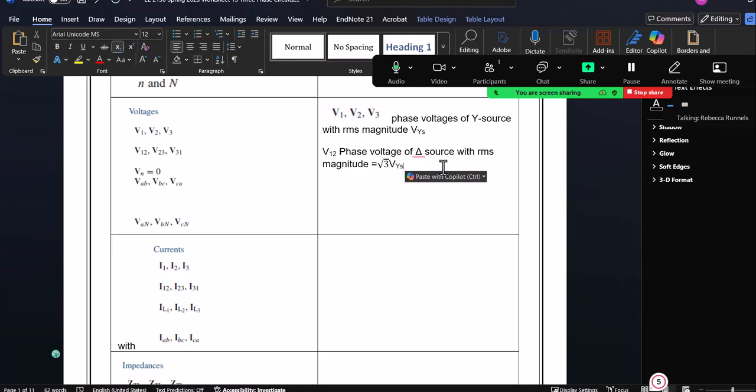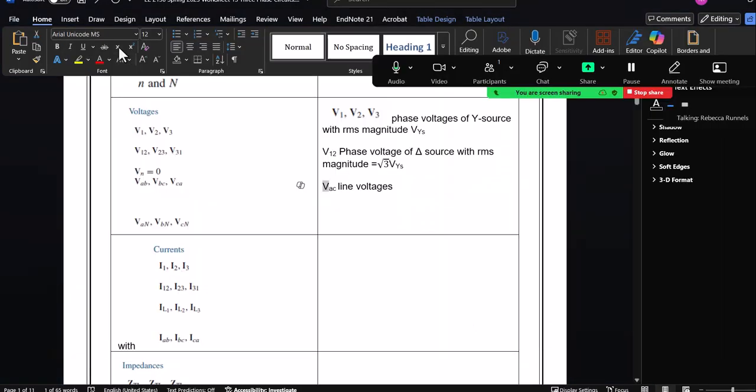VAB, VBC, VCA, those are line voltages. Okay, so those are line voltages, and that's voltages between transmission line pairs.